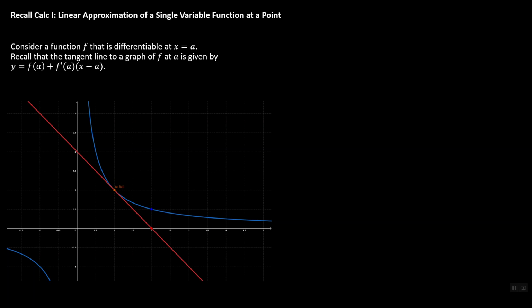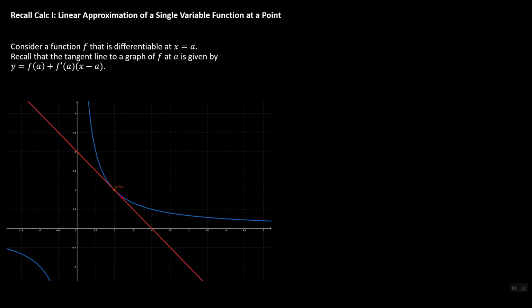If we were to move these points closer to the gold point, these two points become closer and closer together until they're nearly indistinguishable. And this is why we use the tangent line for a linear approximation. We call it linear because it's a tangent line, and we use this to approximate the values of more complicated functions like 1 over x, for example.